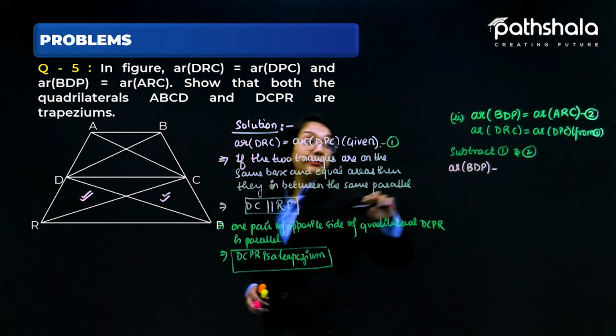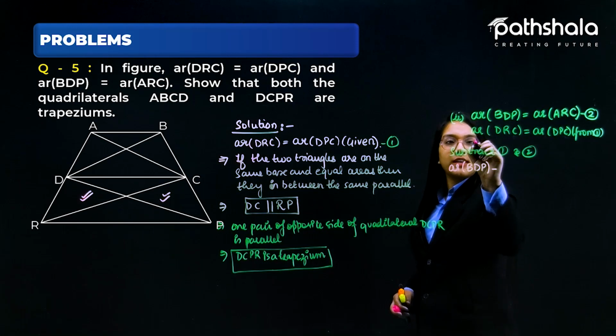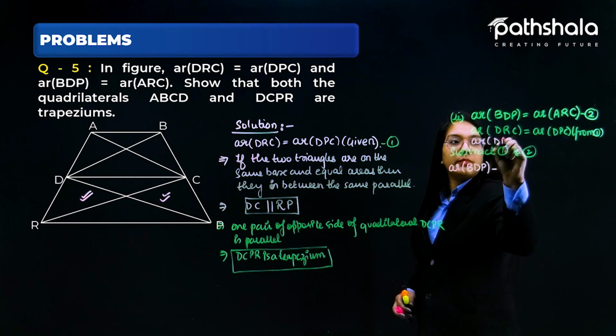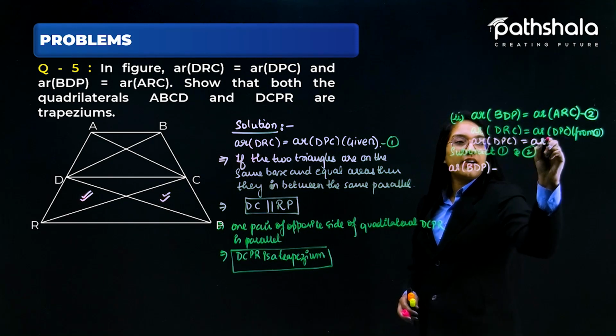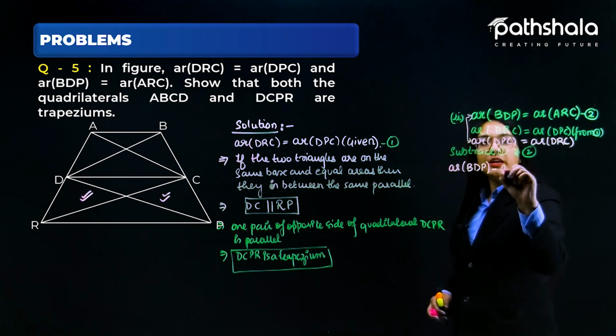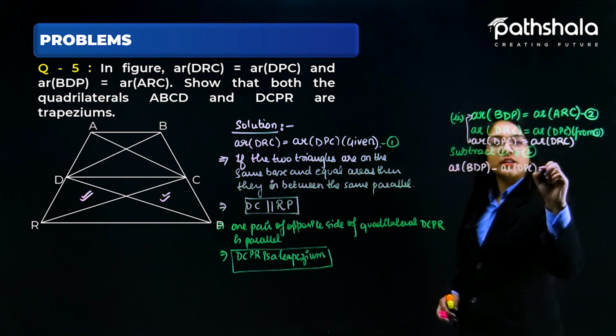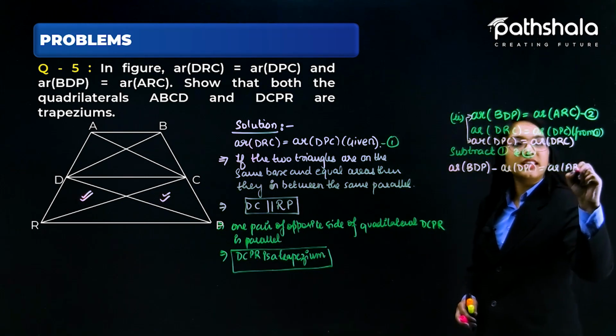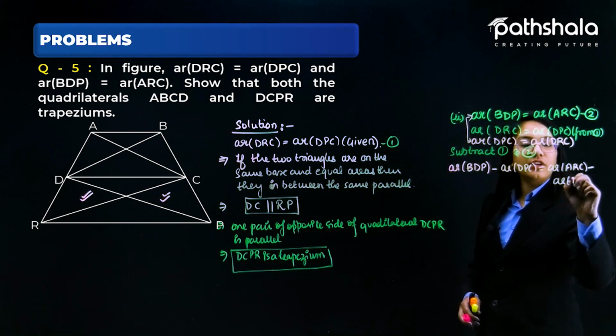So I take the area of DPC, which is equal to the area of DRC, and subtract: area of BDP minus area of DPC is equal to the area of ARC minus the area of DRC.